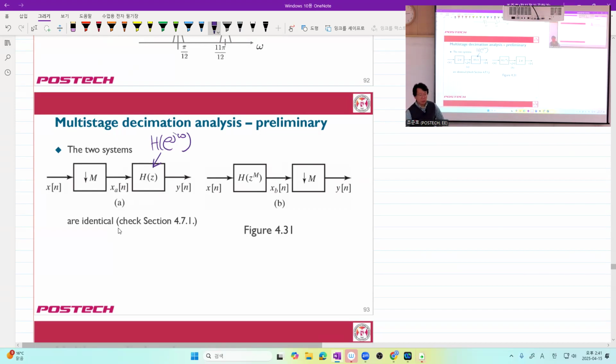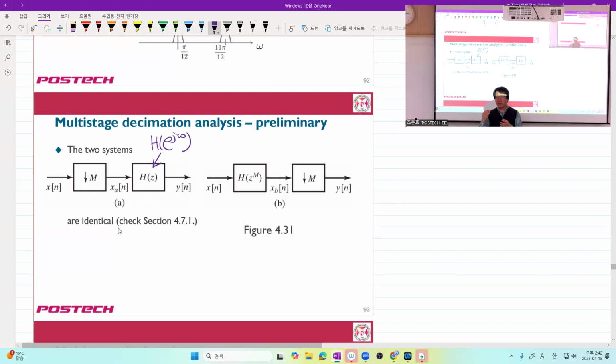By the way, is it okay? It's okay, first, because substituting z equals e to the j omega, you always have your original DTFT back as far as your region of convergence includes the unit circle. Here goes the second one. When we implement a discrete time filter, we do not just use arbitrary components.